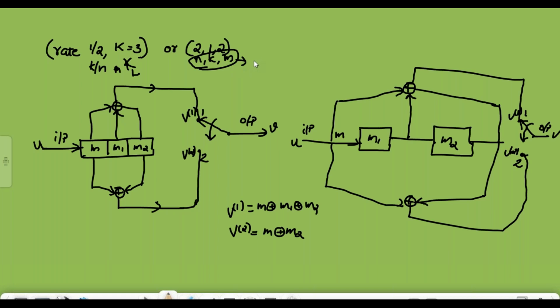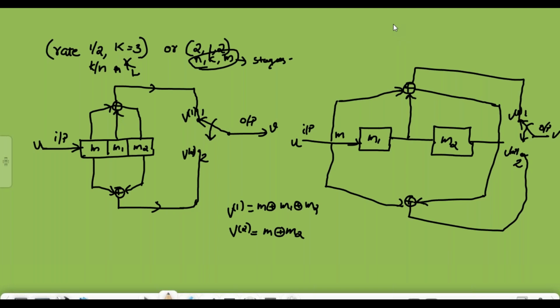This small letter m represents the number of stages in the shift register. Hope that you got that convention used to give the dimension of the code.